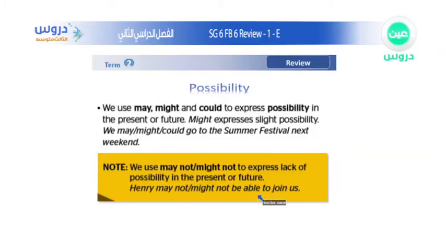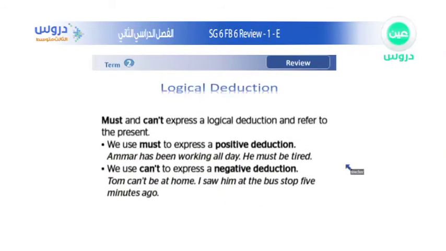Henry might not be able to join us. Present and future. Lack of possibility. So it means that actually he is not going to join us, but we say it this way. Henry may not be able to join us. Okay, let's move to the next slide.